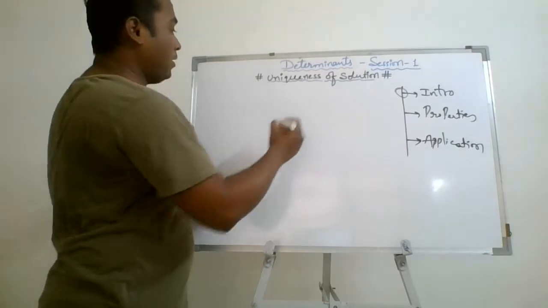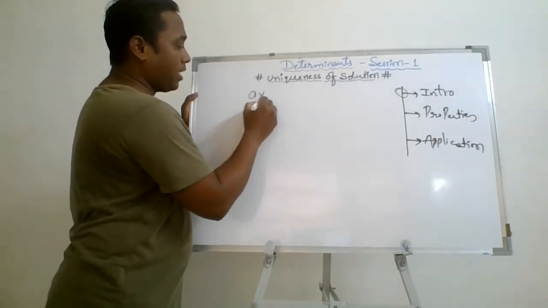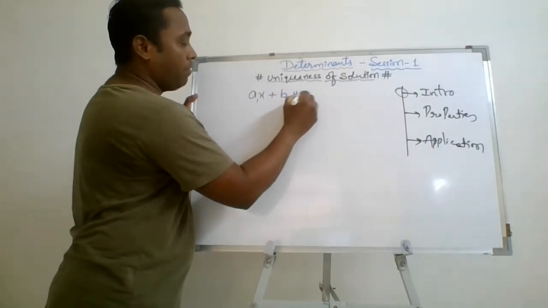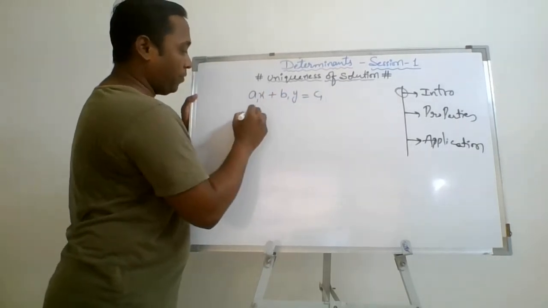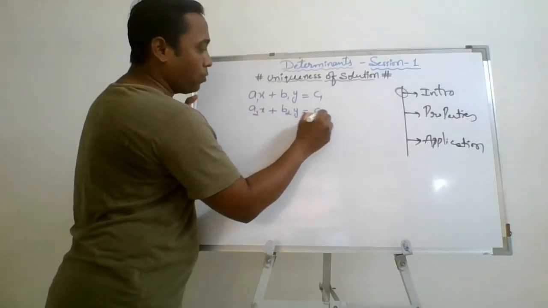You have already studied the linear equation in two variables in 10th standard, like a1x plus b1y equal to c1, a2x plus b2y is equal to c2.